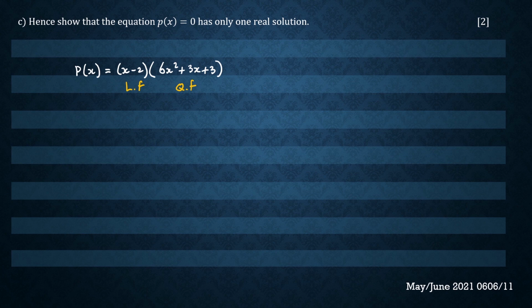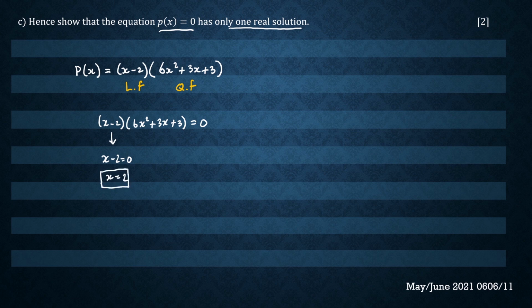Let's rewrite the polynomial in equation form here. So we'll write (x minus 2) times (6x squared plus 3x plus 3) equals 0. And we need to show it has only one real solution. One solution comes from x minus 2 equals 0, so x equals 2.